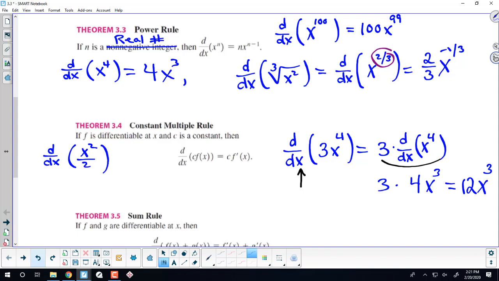We've got a constant of 1/2 multiplying x squared. So we could say, that's just 1/2 times the derivative of x squared. The derivative of x squared is 2 times x to the first. So we have 2 times the half x to the first.